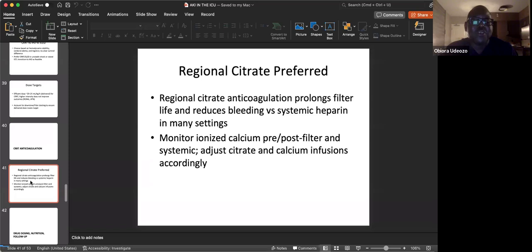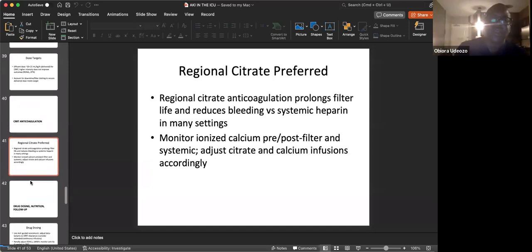You have to monitor your ionized calcium levels closely so you can adjust your calcium chloride infusion to make sure the patient doesn't get hypo- or hypercalcemic. Some patients also develop complications from this, but by and large, this is the preferred method of anticoagulation for patients on CRRT, even though it's expensive and requires training. There are much fewer complications than with heparin, as you can imagine, and your filters will last longer.